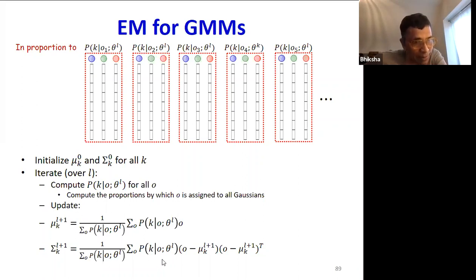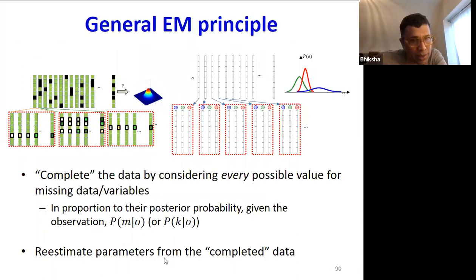So this is your EM algorithm. So the general EM principle: you complete the data by considering every possible value for the missing data and variables, in proportion to their posterior probability given the observation, and then re-estimate parameters from the completed data.